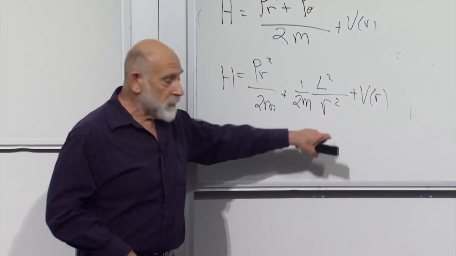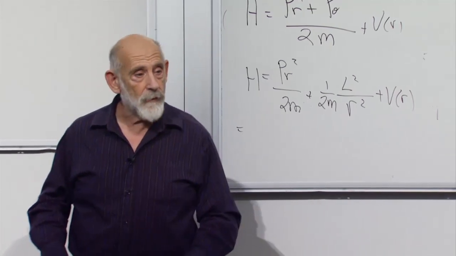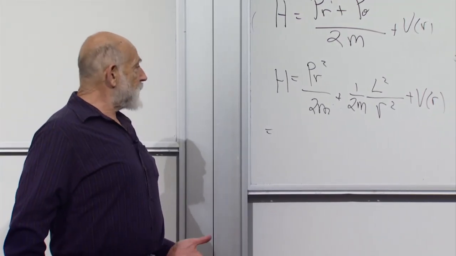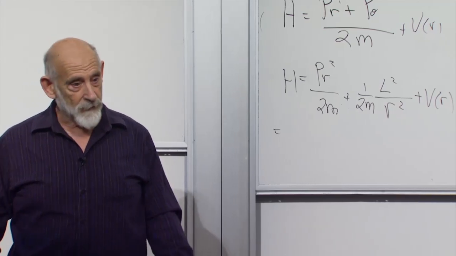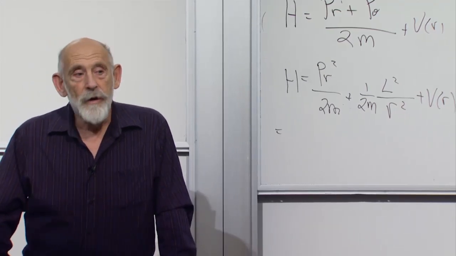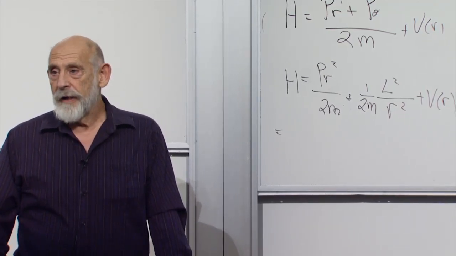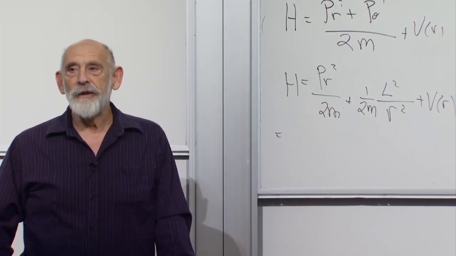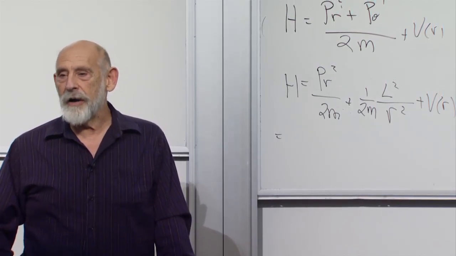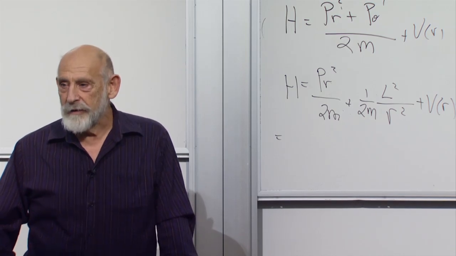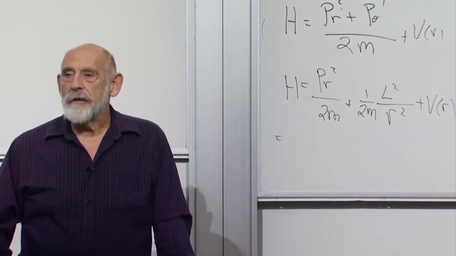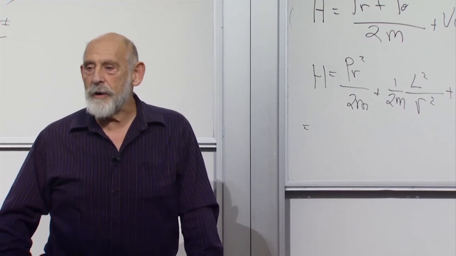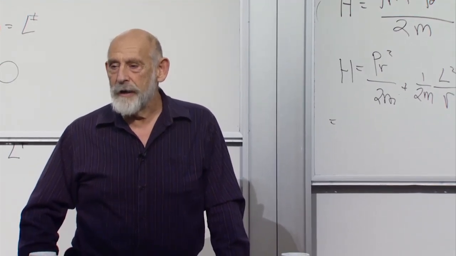What is this term called? Physically, what is it? Is it attractive or is it repulsive? How do you tell whether it's attractive or repulsive? Why do you think it's attractive? Potential energy. 1 over r squared gets bigger as you move away.